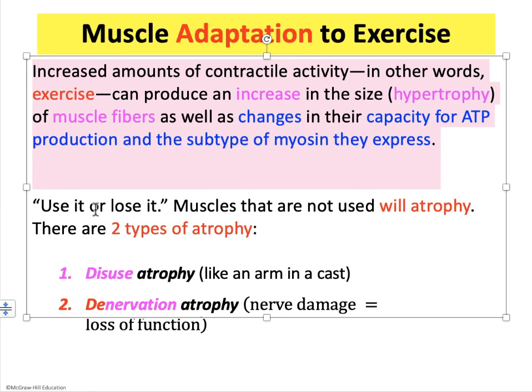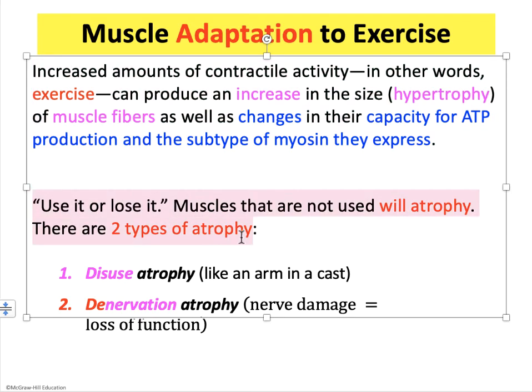On the converse side, if you don't use your muscles, then they will atrophy, either as a result of non-use, called disuse atrophy. And the example they gave is you put your arm in a cast over a long period of time. And the second is nerve damage that can lead to muscle atrophy.